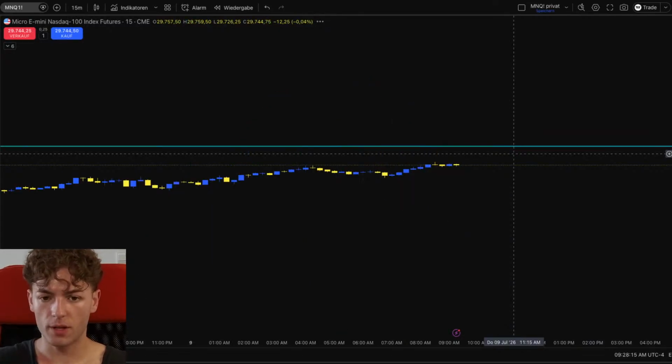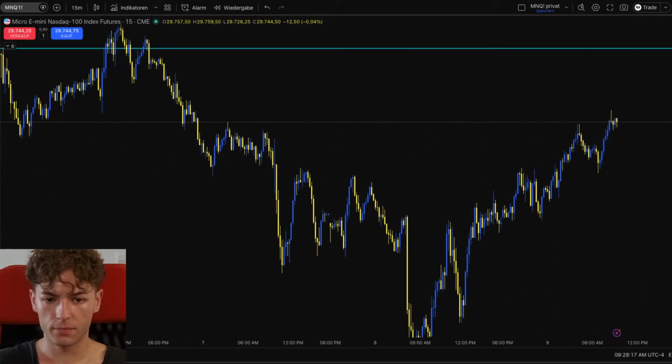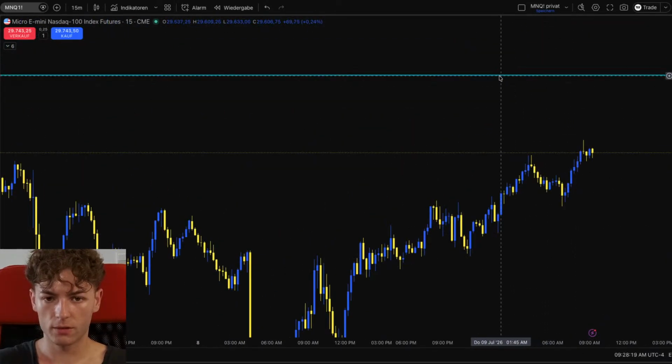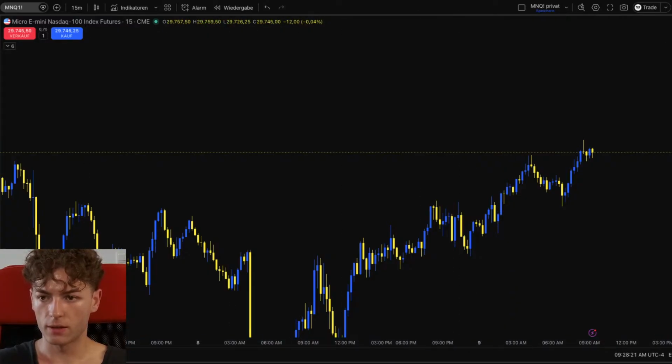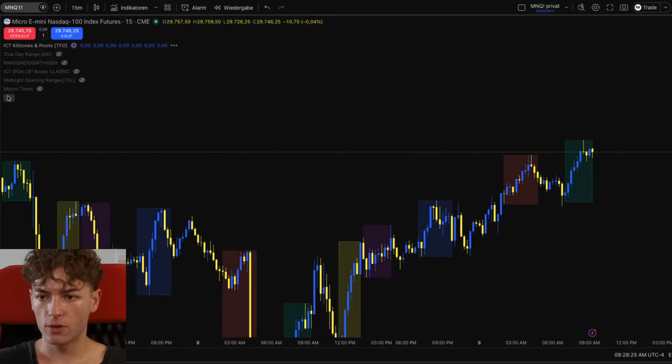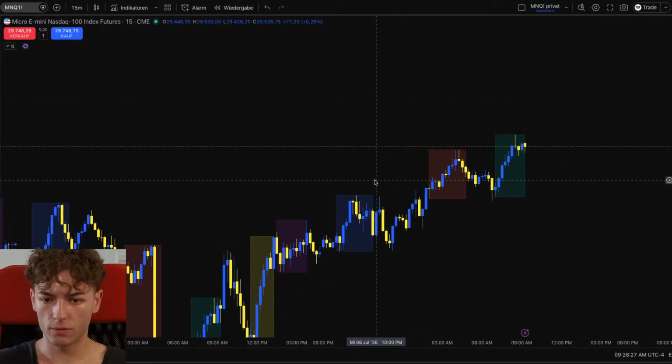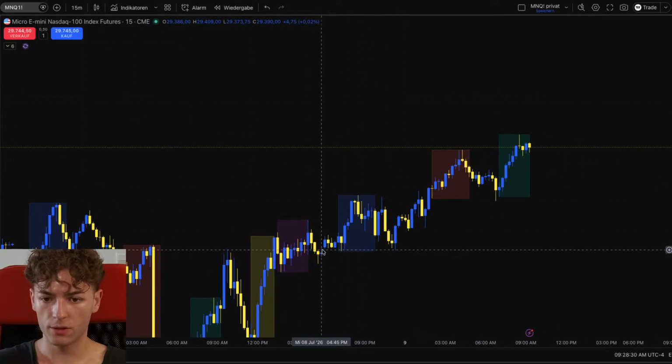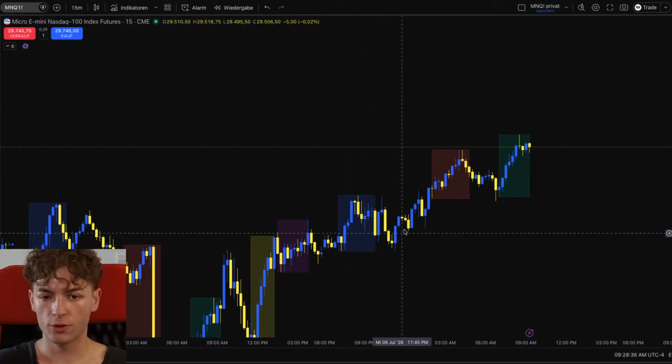Let's drop down into the 15-minute chart and turn on the ICT kill zones. As you can see, we opened up in here, traded lower, and created relatively equal highs and lows. Okay, retraced up.